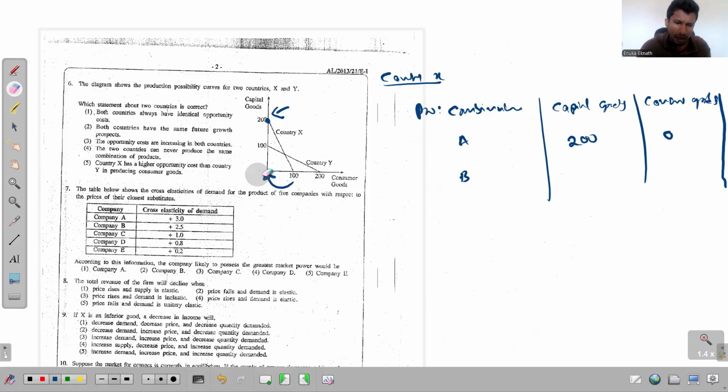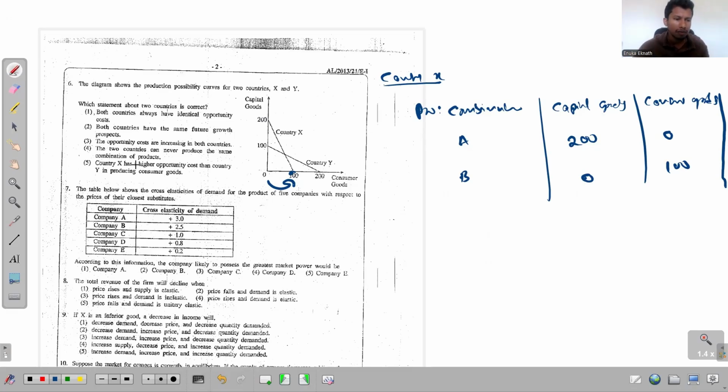If not, at the production combination B, right, they can produce 100 units of consumer goods and then nothing from capital goods.